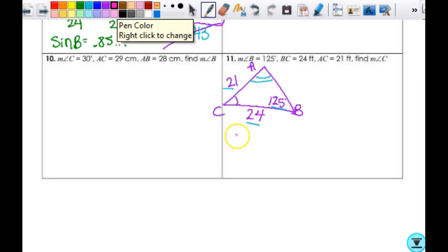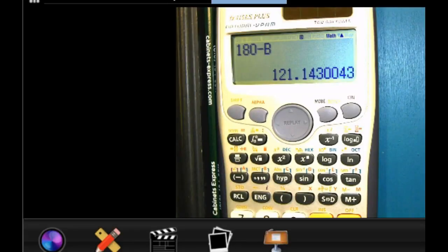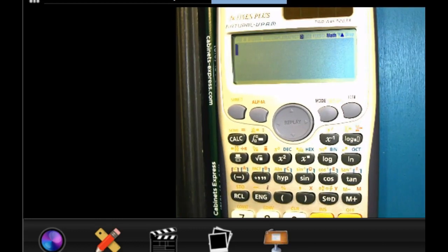Okay, so we're going to start and we'll find angle A and we'll figure out what to do with that. So the sine of A over 24 is equal to the sine of 125 over 21. All right? So in my calculator, I'm going to do 24 times the sine of 125 and divide it by 21.